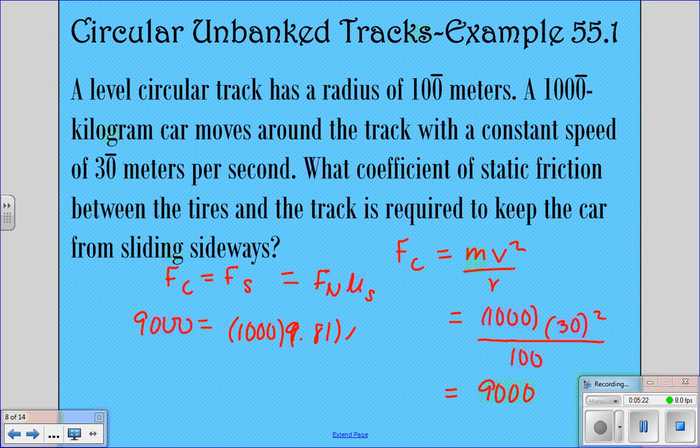And then we're solving for mu sub s because that's the coefficient of static friction here. And so if you solve for your mu sub s, you end up getting 0.92. And there aren't units on that. That's just 0.92. And so that'd be your answer there.